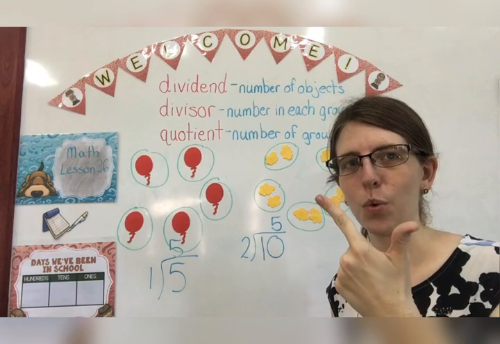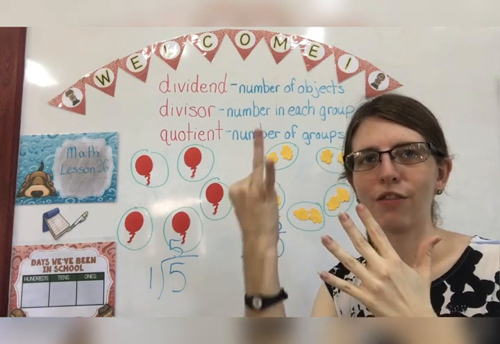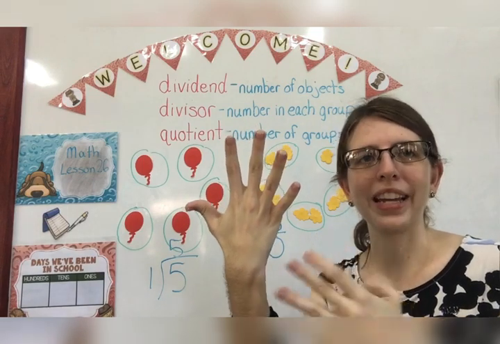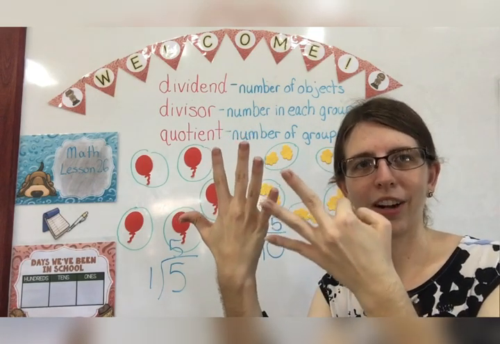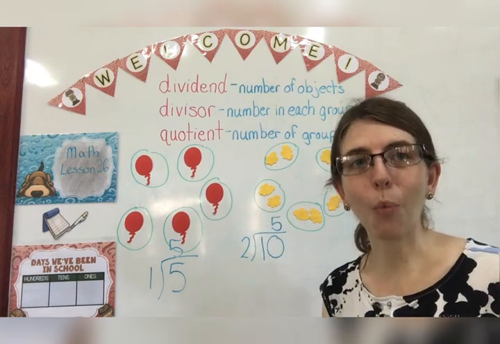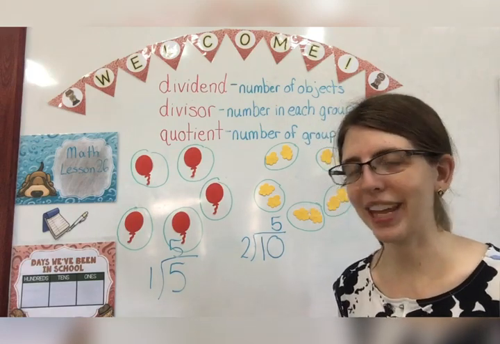So that was 10 and 2 more, 12 groups of 2. So 24 divided by 2 is 12.